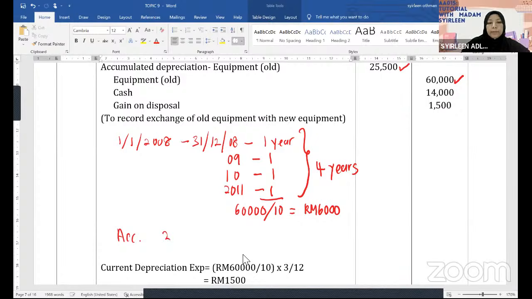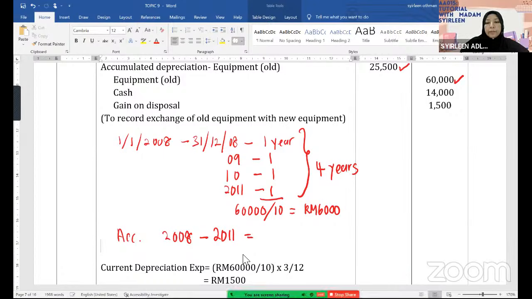Untuk 2008 sampai 2011, you ada 6,000 darab 4, which is 24,000. Okay. Right. So you already have that amount in your accumulated depreciation.